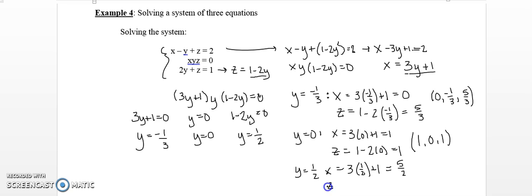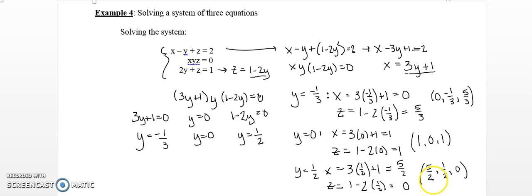And then z is 1 minus 2 times 1/2. 2 times 1/2 is 1, so we get 1 minus 1, this is 0. So for the third one, x was 5 halves, y was 1/2, and z is 0.